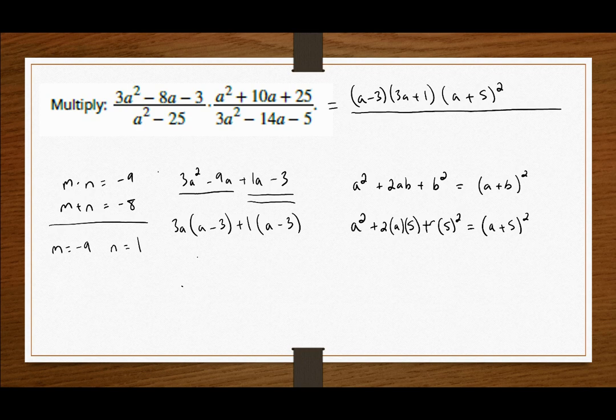My denominator for the first term is the difference of squares, so a squared minus 25 is going to factor to give me a product of conjugates. So there's one other piece to the puzzle.